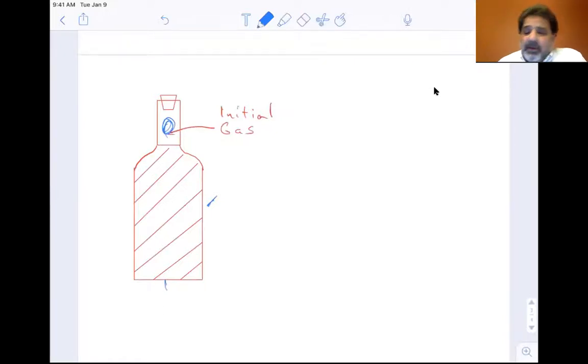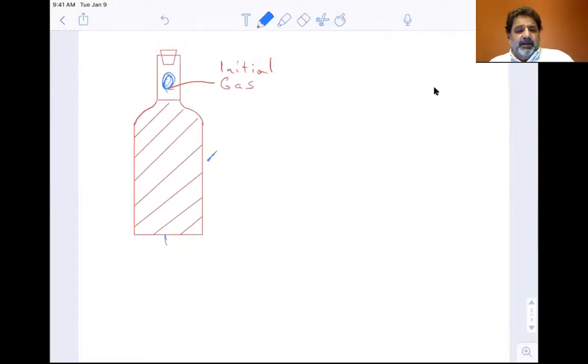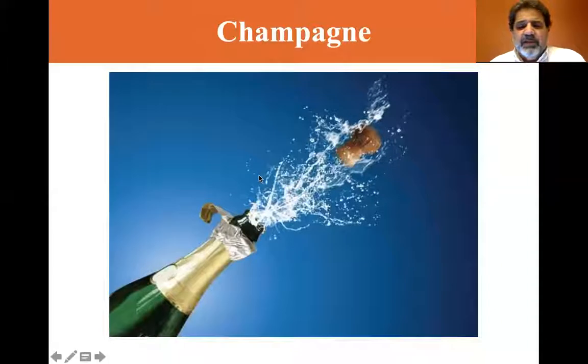But the point of this slide is to dispel the myth that shaking the bottle of champagne increases the pressure. That's a myth, and now you know why that's not true.